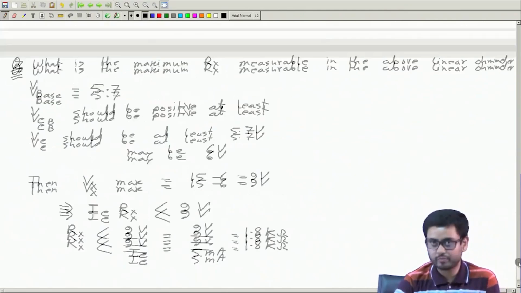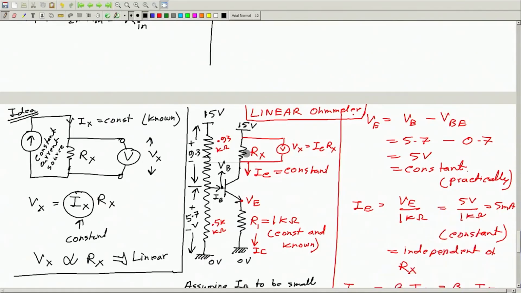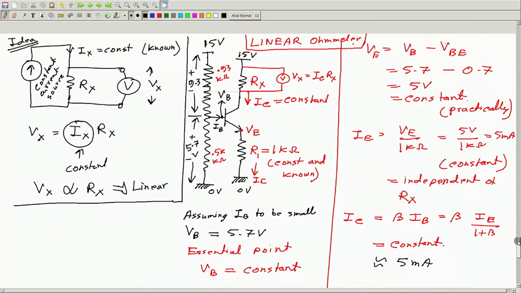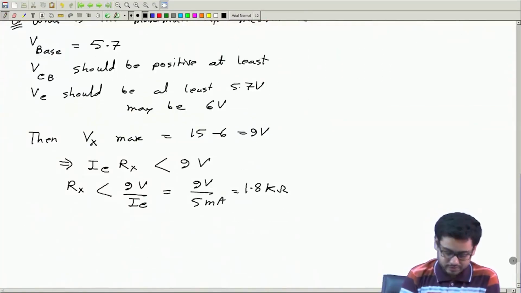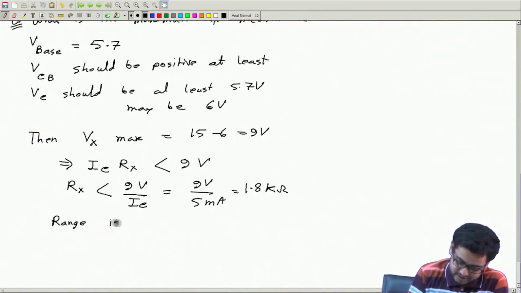This is the maximum resistance that you can put here, and you will get linear behavior. If you put more resistance, the behavior will not remain the same. So the range is up to 1.8 kilo ohm.